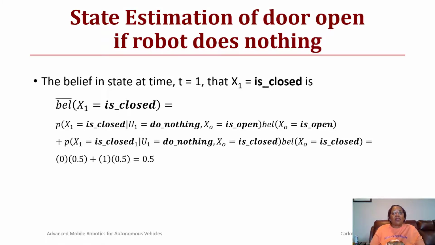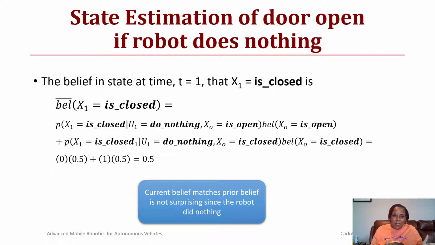And the numeric value for that is 0 times 0.5 plus 1 times 0.5, which equals 0.5. So just like what we got before, it's a 50-50 chance the door was open before the robot did nothing. It's a 50-50 chance after the robot did nothing.